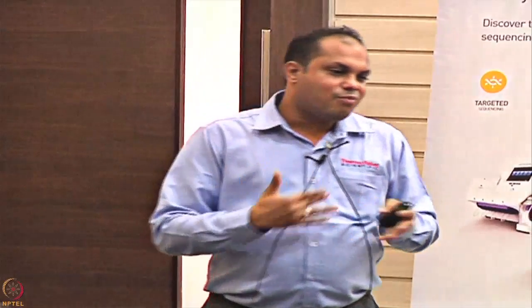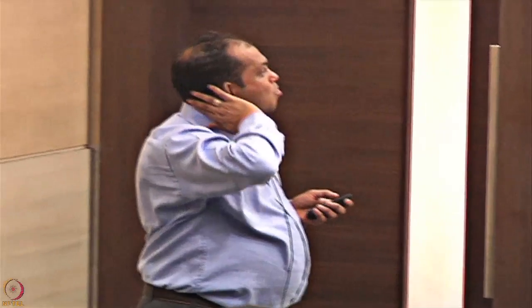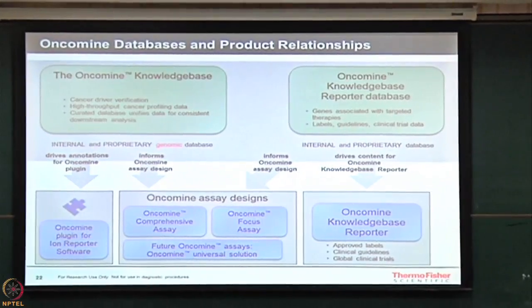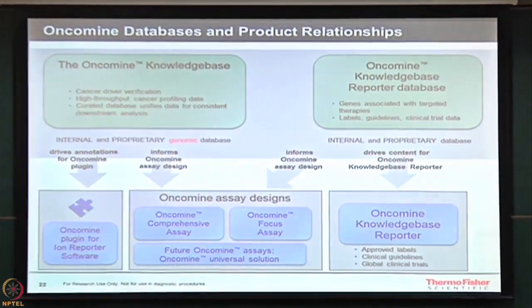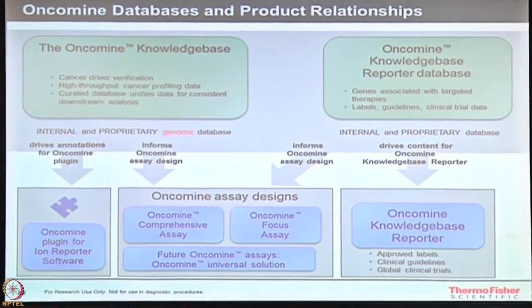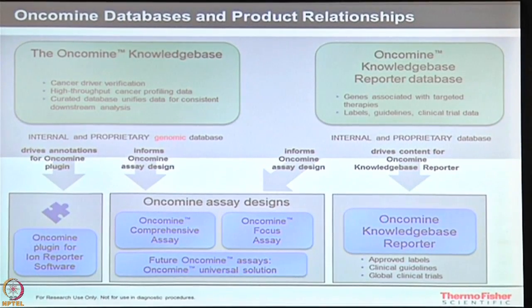At the same time, we have developed something called the Oncomine Knowledge Base Reporter. The Oncomine Knowledge Base Reporter has a database called the Oncomine Knowledge Base. Even if you Google it, you will get an idea. It has lots of information regarding cancer. This is specifically for cancer related studies, and it will help you to correlate your cancerous variants to the drugs that are available in the market or in clinical trials.